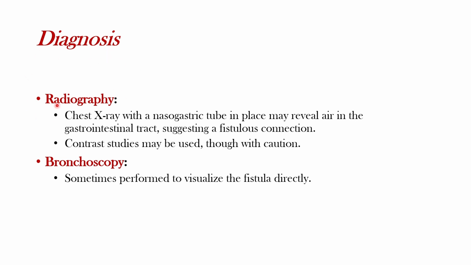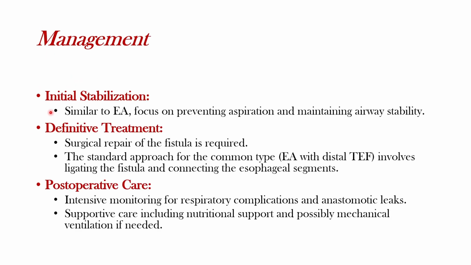Diagnosis: same, we'll do a radiography and we will see the same things that we saw in the esophageal atresia. Also, bronchoscopy is sometimes performed to visualize the fistula directly. For the management, first of all, we'll also do initial stabilization to prevent aspiration and maintain airway stability.